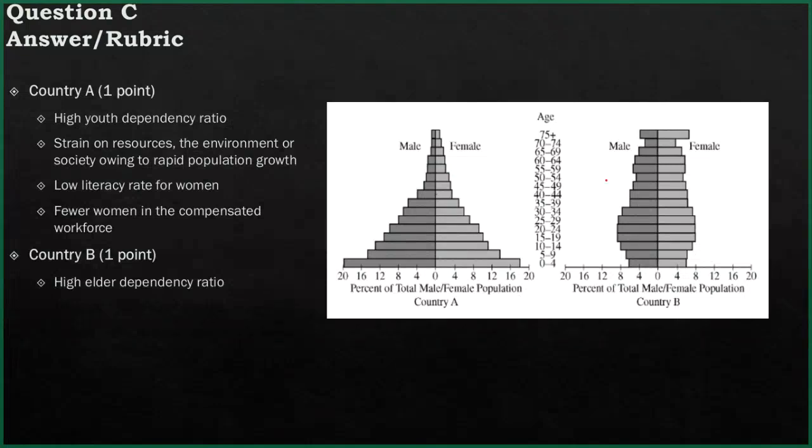Now for country B, they're going to have a very high elderly dependent ratio, which is right up here. They're going to have a possible future labor shortage, which would mean that they would need immigration labor coming in the future to help them. I know that the United States would be pushed into a stage 5 if it weren't for our lax immigration laws, because the United States has a pretty low birth rate.